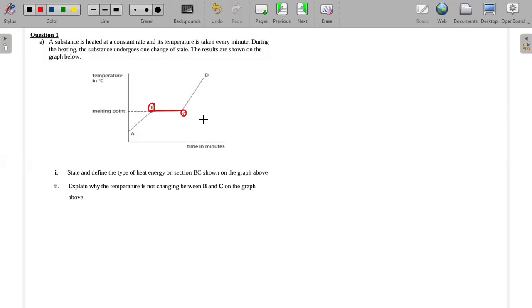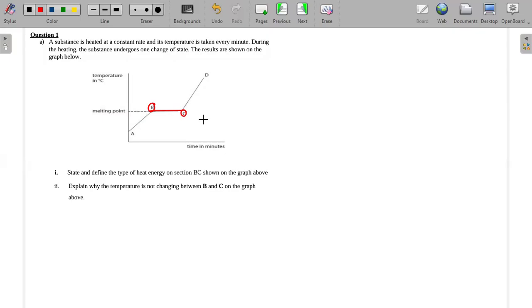Remember, when we're learning about melting of substances, the temperature remains constant because the heat energy is absorbed to break down the bonds that existed in the solid form of the sample that you are dealing with, to melt it into a liquid.